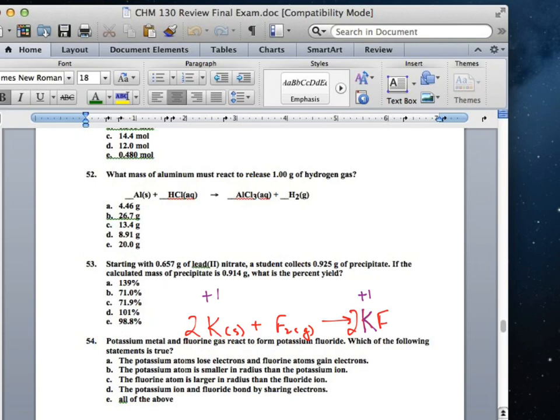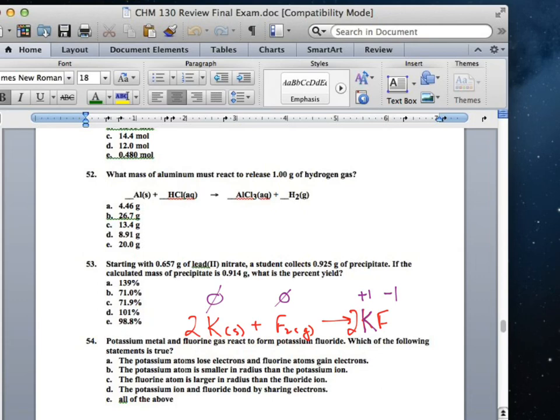How do you know that wasn't the case? For the formula for potassium, is there a charge written in the upper right-hand corner? No, it's potassium metal. It's in its elemental state. Its charge is 0. What is the charge for the fluorine? 0. What is the charge for the fluoride?